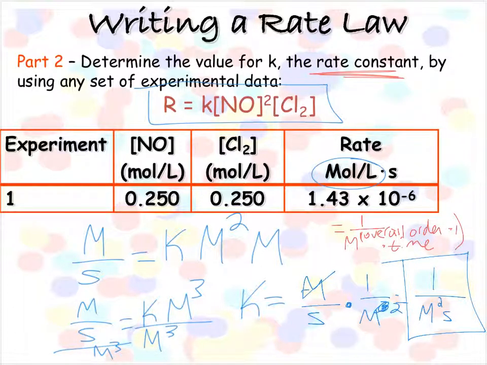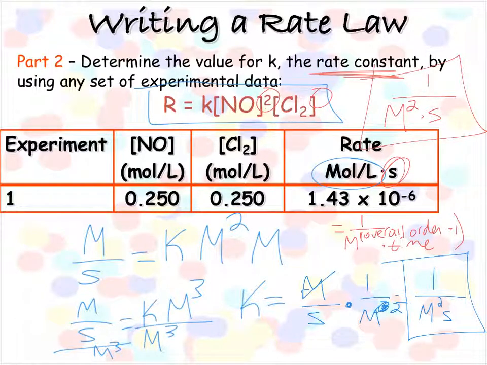So to review, 1 over molarity. We have to know the overall order, and the overall order is you're just adding exponents here. So overall order is third order. So 3 minus 1 is 2, and then our time unit was seconds. So there's your trick if the trick works better for you. If not, you can straight solve it out.